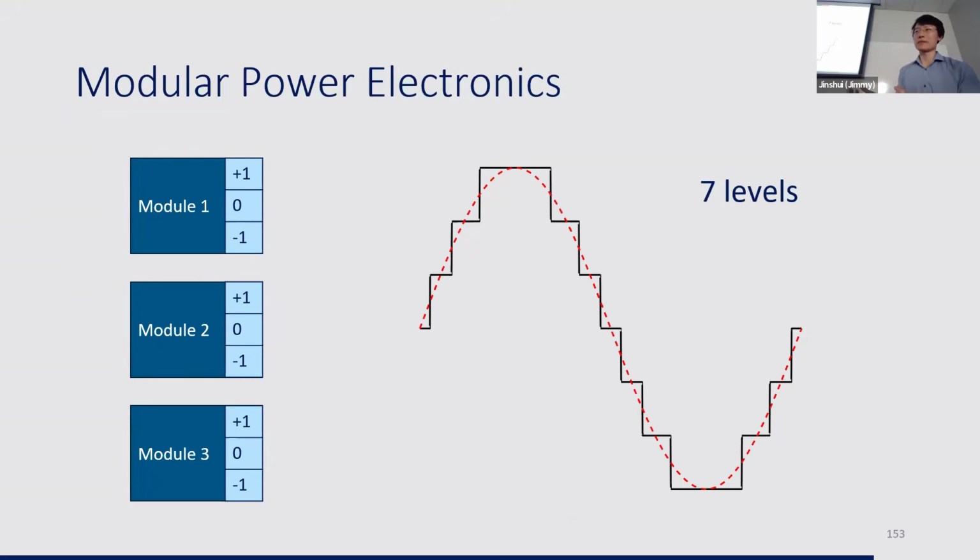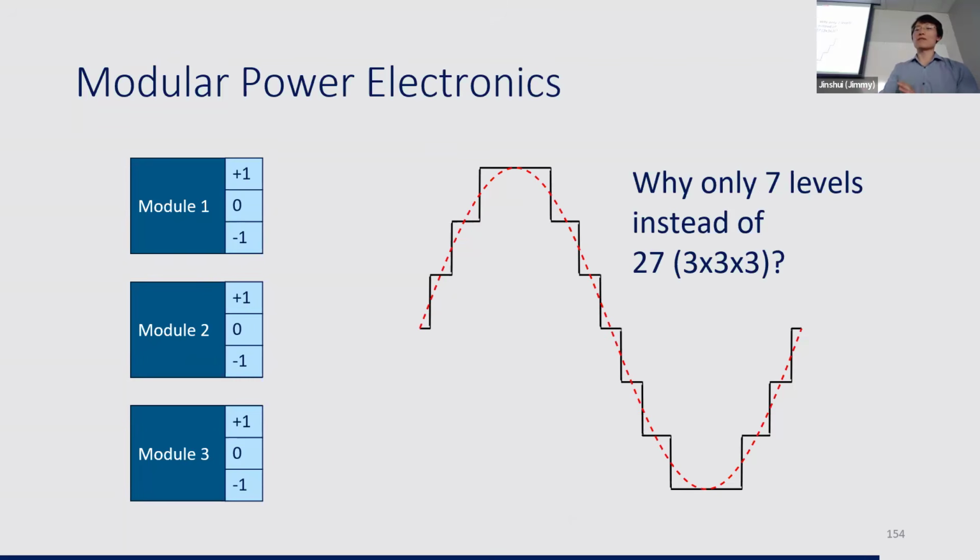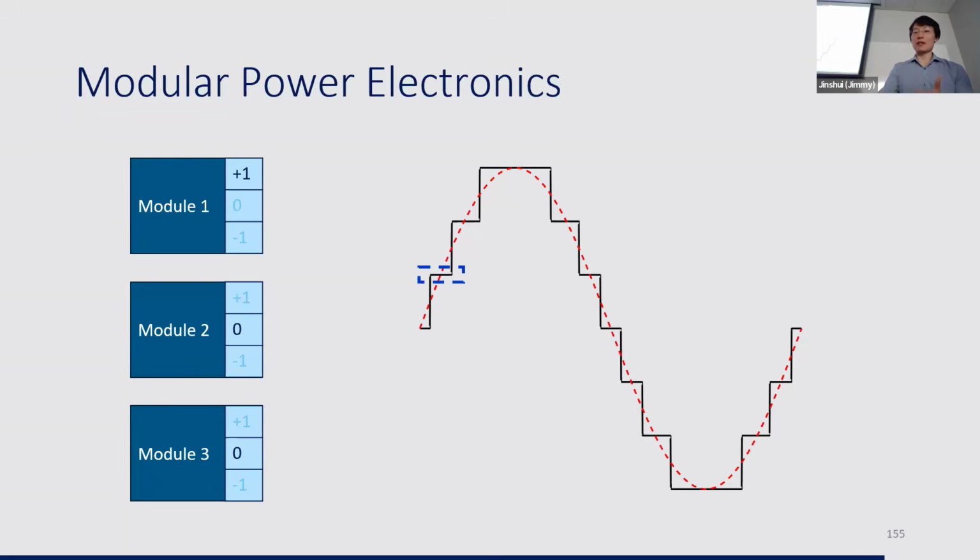Very simple math, right? But if you look at it from another angle, it's puzzling. Since we are controlling each module independently, there should be 3 times 3 times 3 equals 27 possible states. It's also very easy math. So why do we only get 7 levels instead of 27? And here's why. For example, if we make the first module generate positive and the other modules generate 0, we get an output of +1.